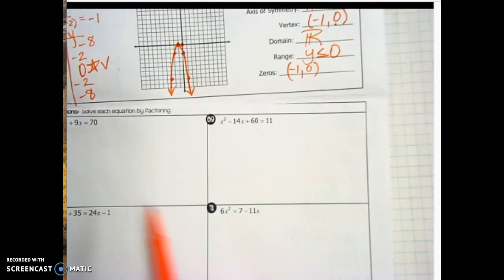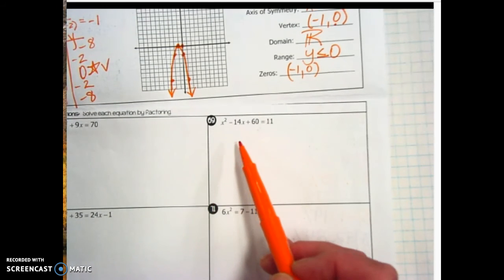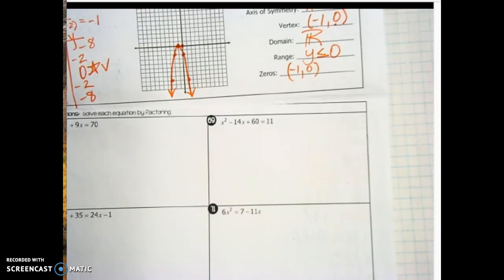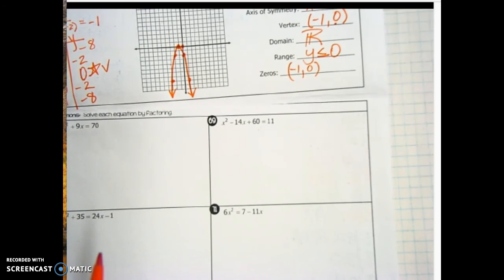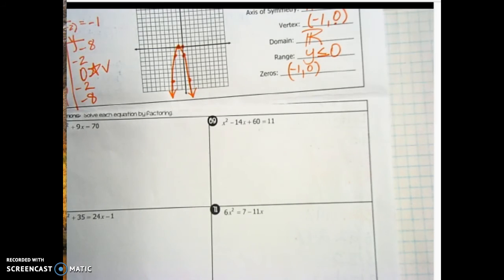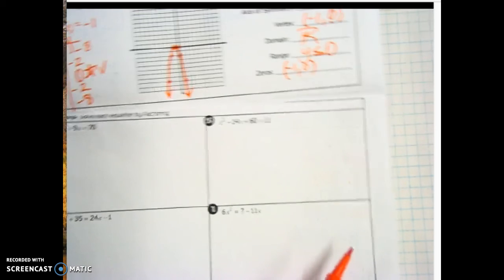Now let's talk about factoring these quadratics. So we're going to jump to box 69. And we did these the other day, but we did them without them being set equal to 0. So today, the difference is we're going to set them equal to 0, and then we're going to solve.